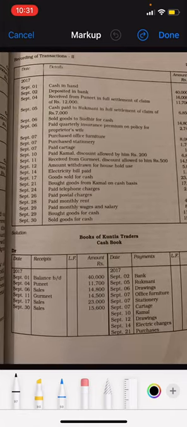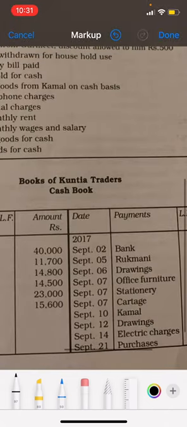What will be the journal entry? Rukmini's account debited to cash account, correct? So cash account is credited. On the credit side of cash account, you have to write Rukmini's account. And what is the date? Date is September 5. So see here, September 5.